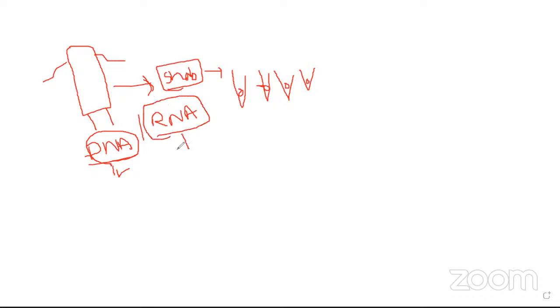RT-PCR means this RNA is converted into DNA through the reverse transcriptase enzyme, right? This DNA is formed single stranded. With the help of polymerase enzyme, this single stranded DNA is converted into double stranded DNA, right? Now, through the polymerase chain reaction, this is converted into a number of copies.